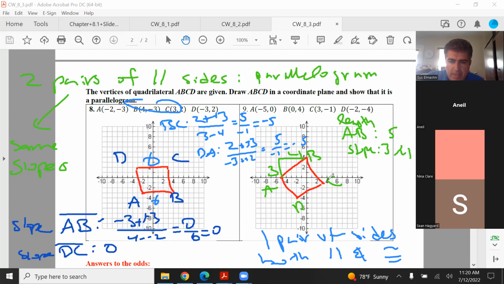And if I look at DC, because it's opposite to it, yep, I'm going up 3, over 4 again. And it has the same length as well. If you do Pythagorean theorem, you get the same length. Length of DC would also be 5. Sorry, that's really messy handwriting. That is awful. I could do better than that.